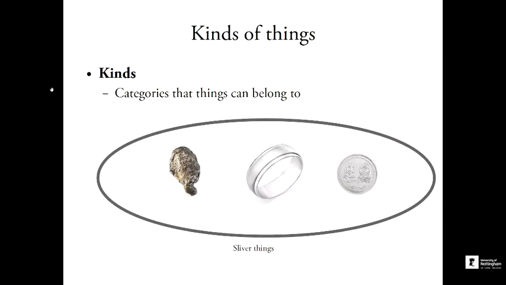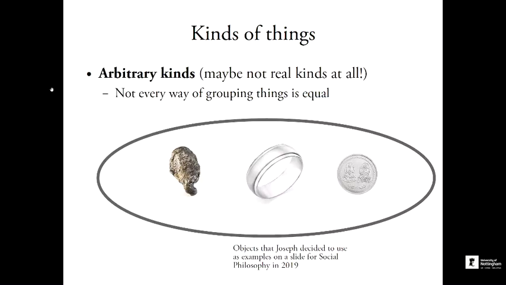Obviously, there are lots of different ways that we could group things together. For example, I might talk about the objects that I decided to use as examples on this slide for social philosophy in 2019. However, it seems like not every way of grouping things is equal.